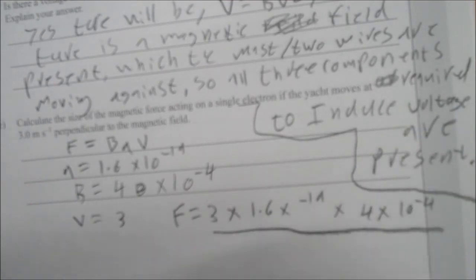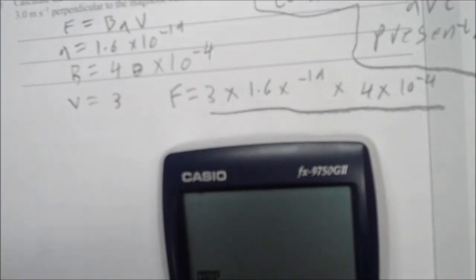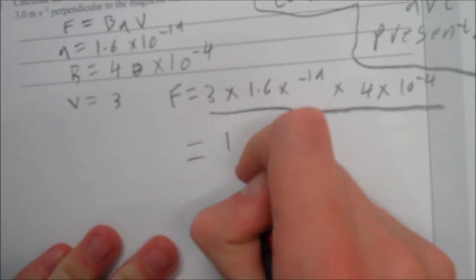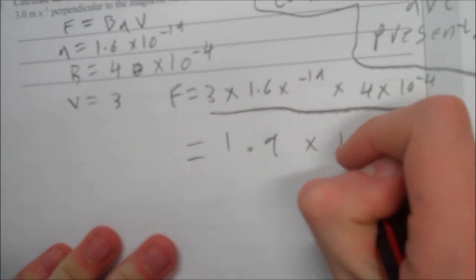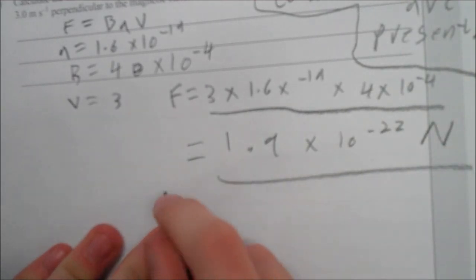If we just put this in the calculator, this will give us 1.9 times 10 to the negative 22, and this is in newtons. And that's the last question in the exam.